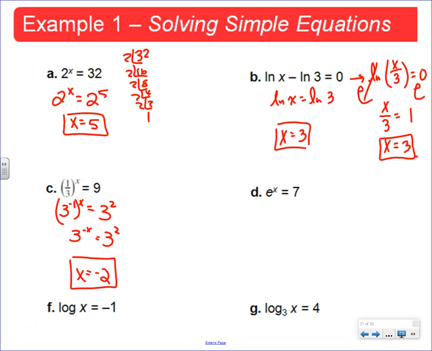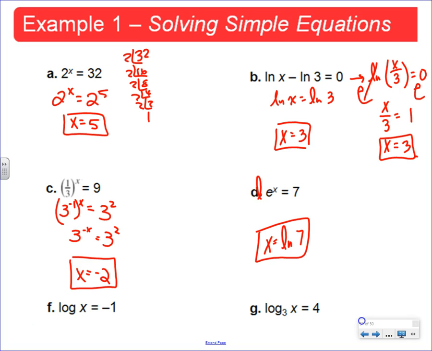Letter D, Caroline, what do you think? Yeah, you can just say the answer, that's okay. x equals ln 7. How'd she get there? Take ln of both sides, because ln and e cancel, true?